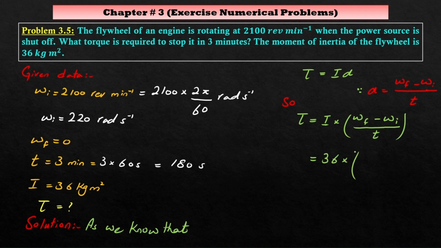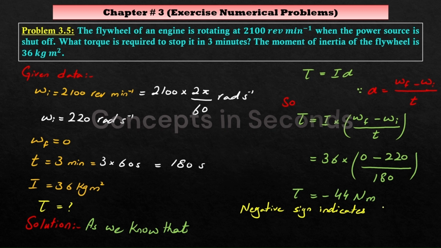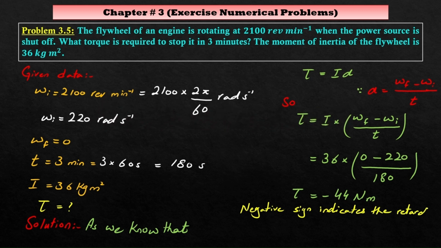By putting the values in the above formula, we calculate the required torque and it will be equal to minus 44 Newton meter. But the negative sign indicates that the speed is decreasing, that is retardation. So the required answer is torque is equal to 44 Newton meter.